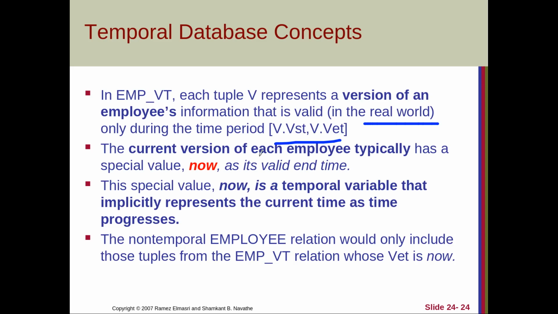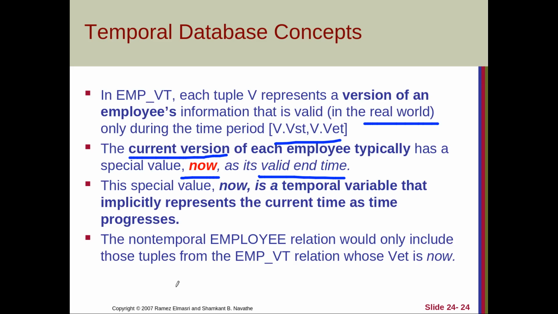The current version of each employee typically has a special value. So now is a special value given as the valid end time for the current version of each employee. That is the current version, that means that is the status now. So if I require something for the current period, I will consider that particular tuple.